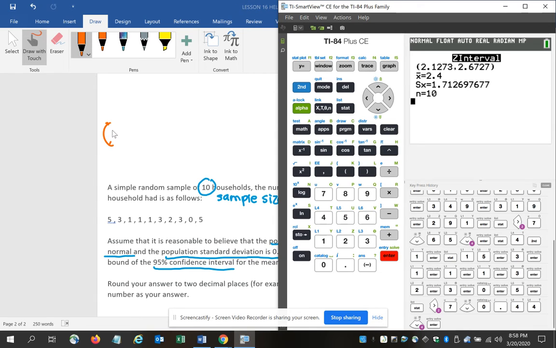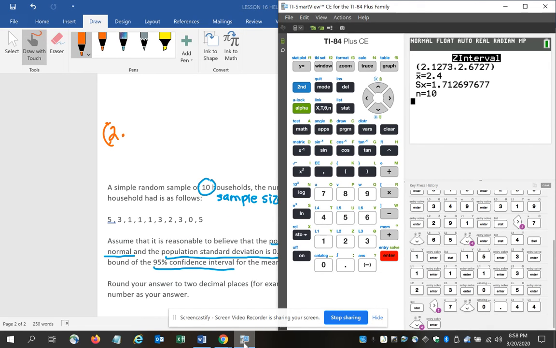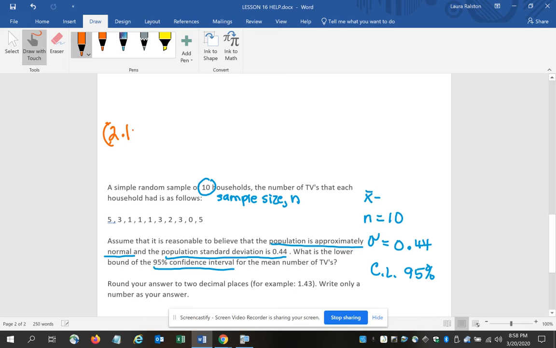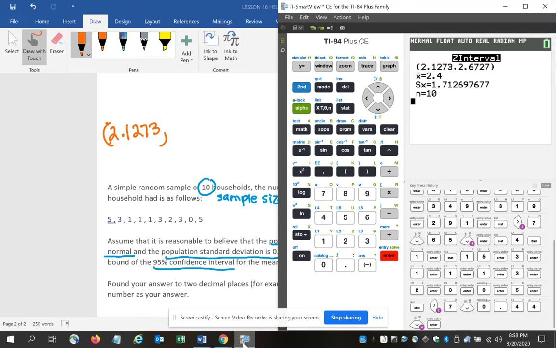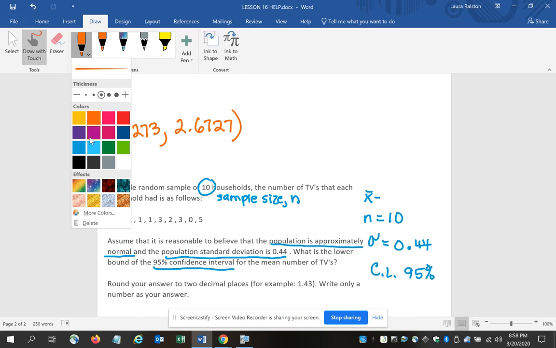It is 2.1273, comma, 2.6727. This time the question asks us for the lower bound.